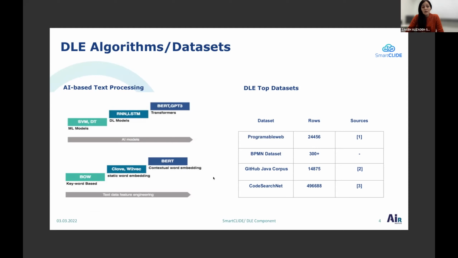So, as we see, I provide a very short summary of the process of text processing over the last years. At first, there were keyword-based approaches that extracted the base and main keywords and then gave them to traditional machine learning models to provide some prediction and some recommendation.